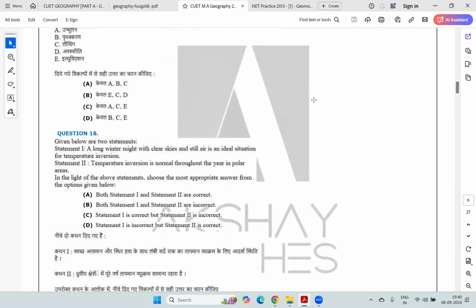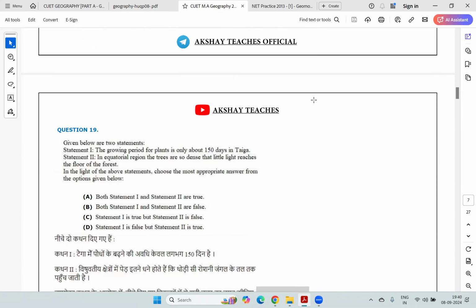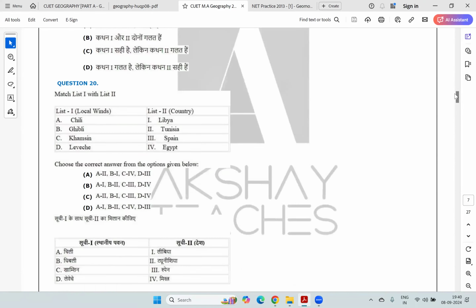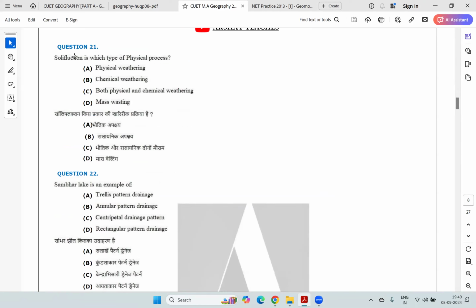Anyway, once we proceed, this is the kind of question paper that you will have. As you can see, there is a mix of questions from both physical geography and human geography. Then, solifluction is which type of physical process? Is it physical, or chemical, or both physical and chemical, or is it mass wasting? That's something you have to read and find out.